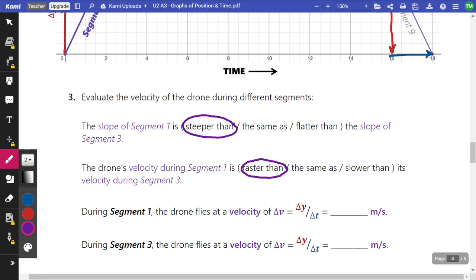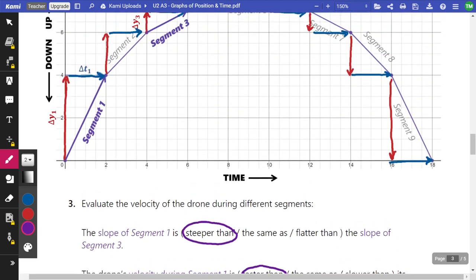If we look at the displacement in segment 1, we're starting here and ending here, going from 0 meters to 4 meters.